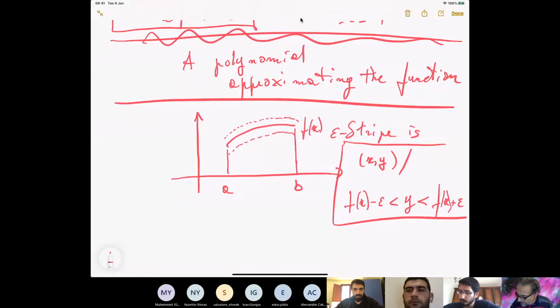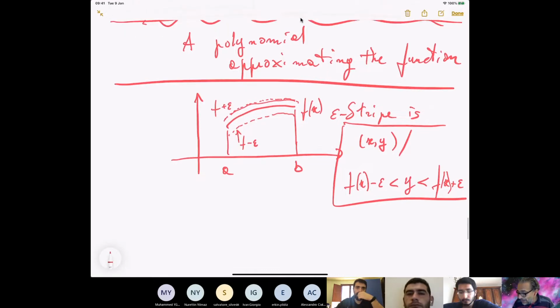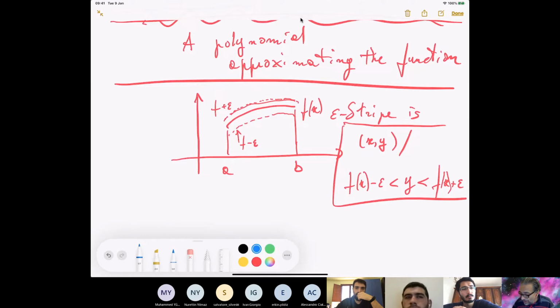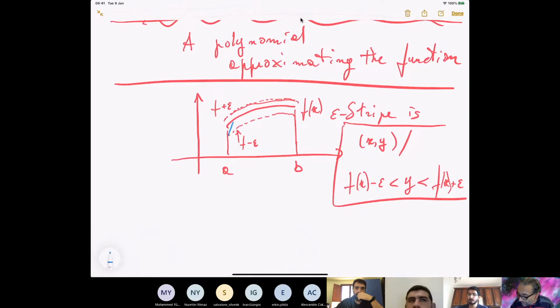What is below is f minus epsilon, and this is f plus epsilon. Now, Weierstrass could prove that for every epsilon, you find a polynomial of order n whose plot is inside that stripe.